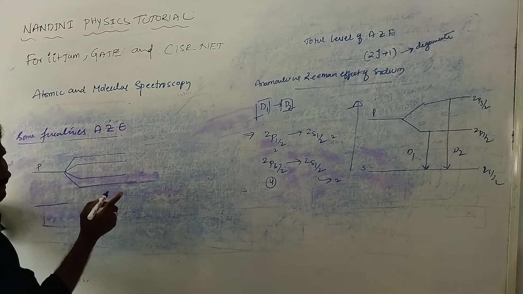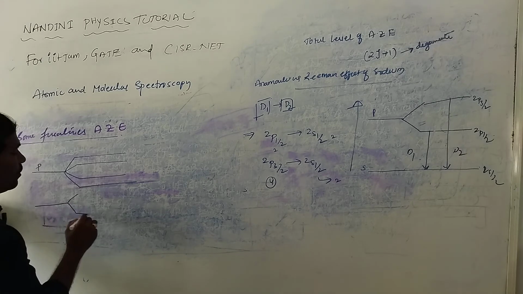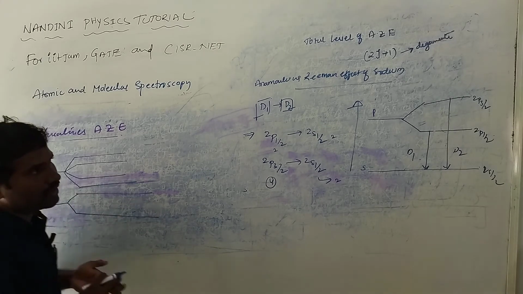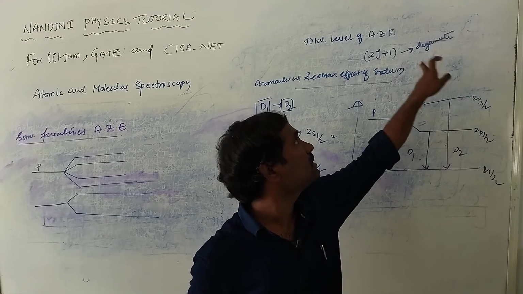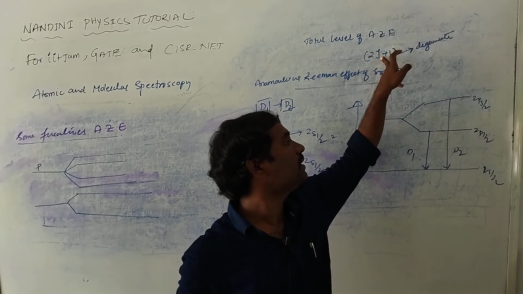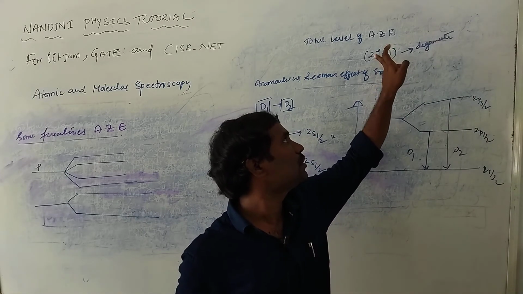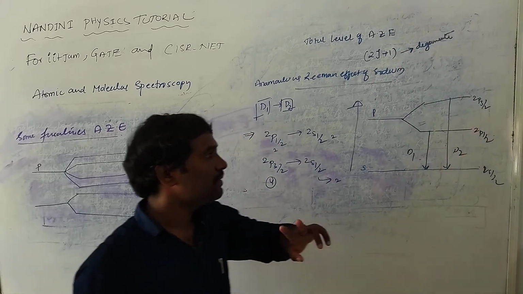Now this other state is splitting into 2 parts. Why? Because the degeneracy is nothing but 2: putting the j value 1/2 here, 2 into 1/2, the 2 cancels, 2 plus... total 2 lines will be splitting.